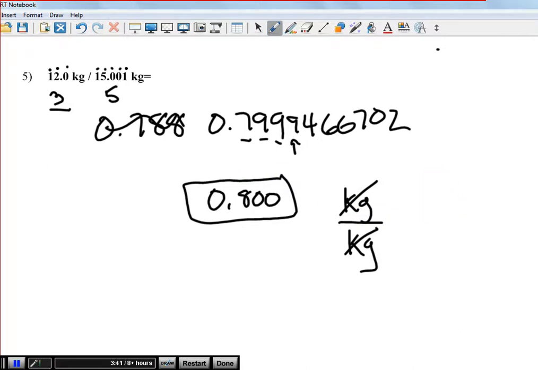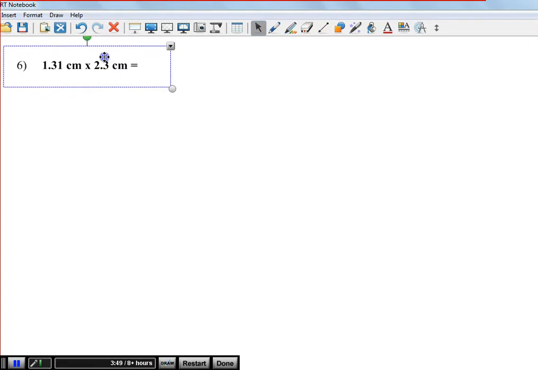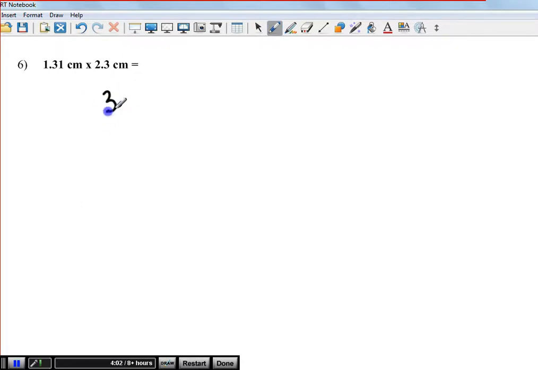Okay, so let's try another one. Now we're going to do multiplication. Let me make sure that you can see this by putting it onto the screen a little better. So there's our multiplication: 1.31 times 2.3. Again, we can do the math in the calculator, and we get an answer of 3.013.